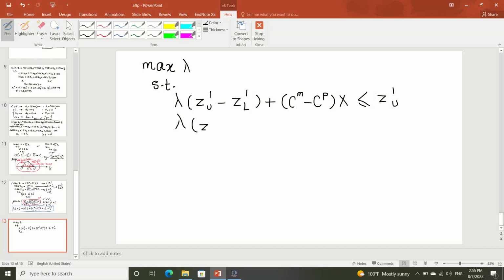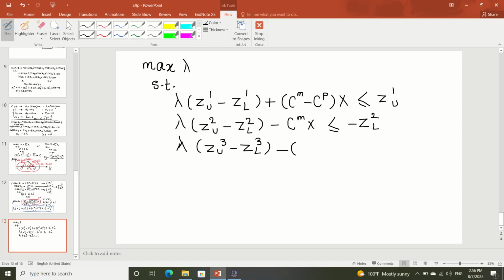Lambda multiplied by z upper 2 minus z lower 2 minus Cmx is less than negative z lower 2, and lambda multiplied by z upper 3 minus z lower 3 minus C optimist minus C moderate x is less than negative z lower 3.